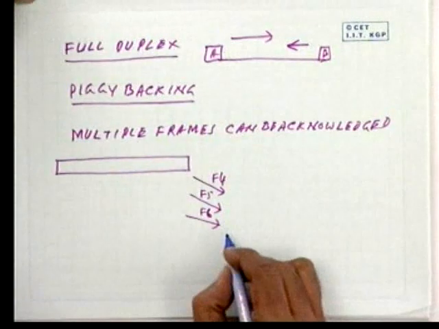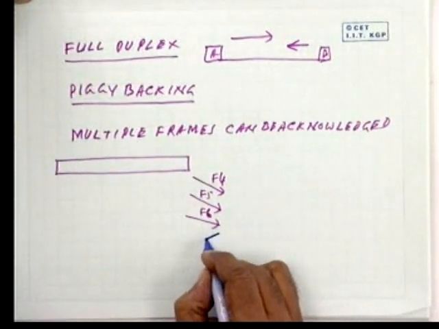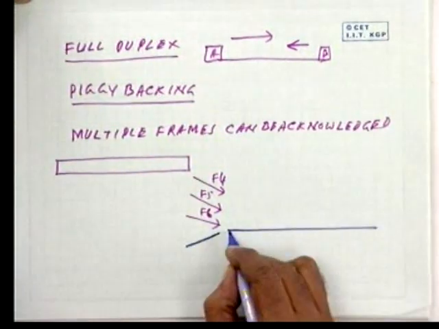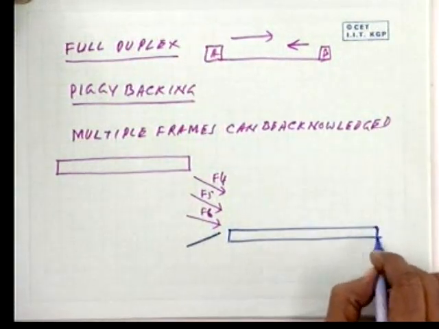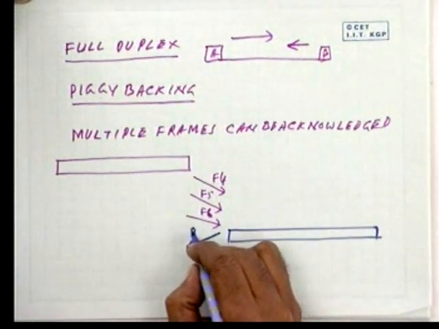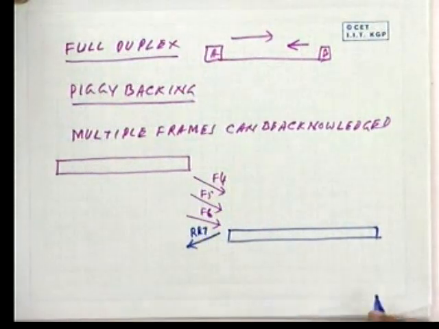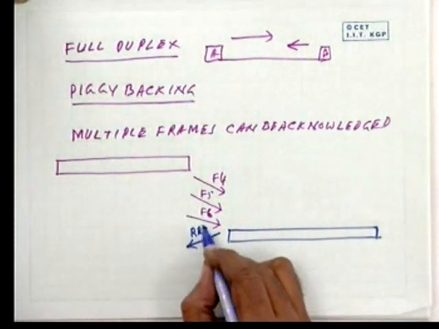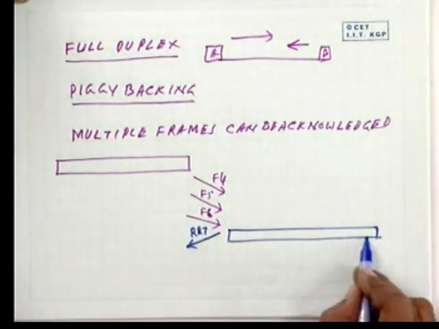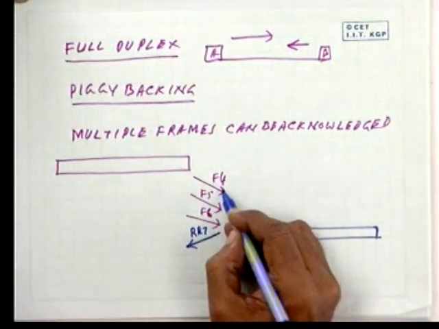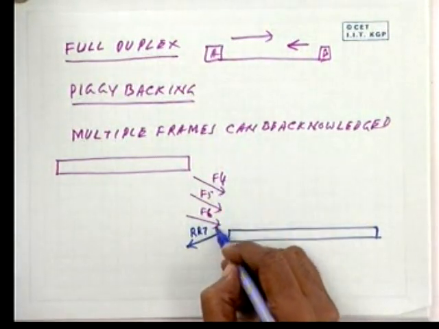Now the receiver can send an acknowledgement RR7. It means that the receiver has received all the previous frames up to 6 without any problem.